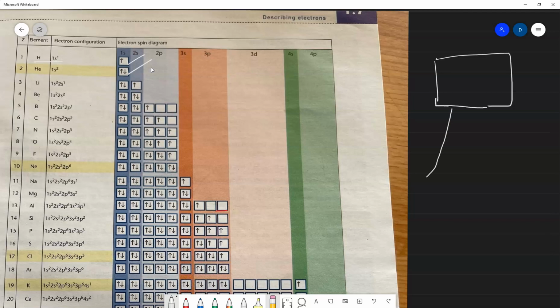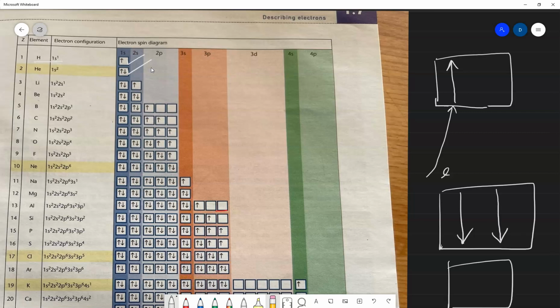When the first electron enters this orbital, you show it as an up arrow. Remember, an arrow is a single electron. You can start from here, or you can also show it as a down arrow. But you can never have 2 electrons both as down arrows, or both as up arrows.